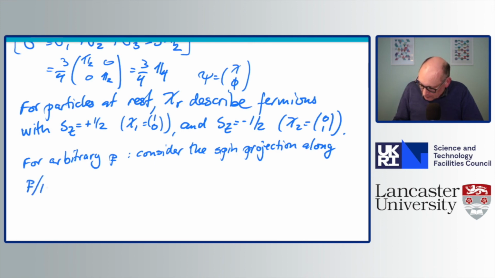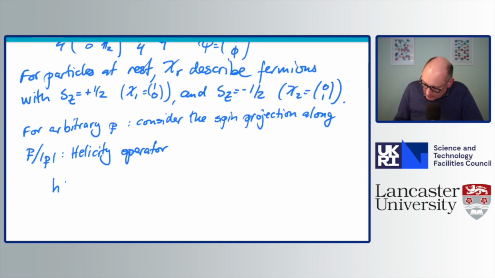That's P divided by the length of P. This is called the helicity operator. And we define it as h of P is the spin projection along P divided by the length of P, to make it depend only on the spin and not the momentum length.